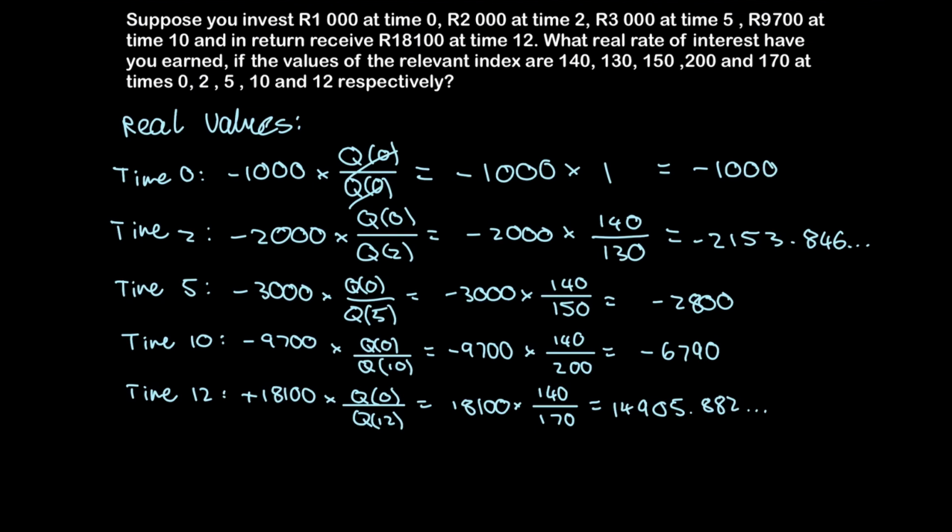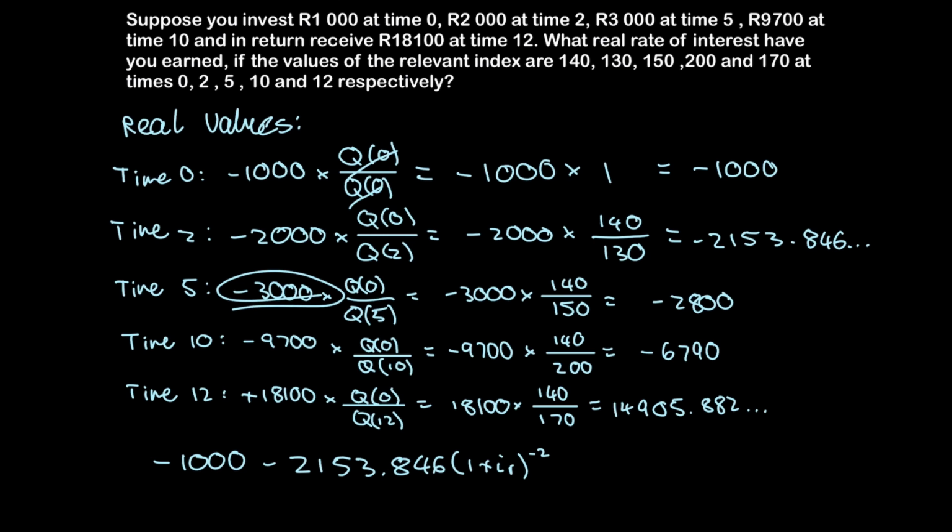Okay, so what is our net present value? At time 0, we have this real value. And at time 2, we have this real value, so that's minus 2153.846. And we are discounting this by the real interest rate or the real yield by 2 periods because it occurred at time 2. And then this 3,000 Rand monetary value is negative 2,800 Rand real.